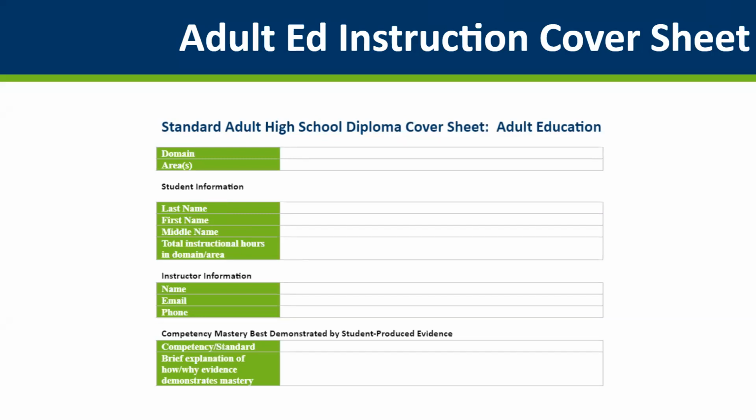If adult ed instruction is the completion option, you need to provide the same two things, or in some cases in ELA a little bit more, as Christine walked us through. Basically, you need to provide some kind of course description that verifies that all the competencies are covered.